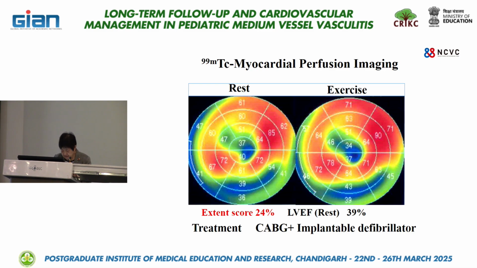Asymptomatic inferoseptal and posterior inferior myocardial infarction was suspected. Extent score was 24%. LVEF was 39%. In treatment, coronary artery bypass grafting was done and an implantable defibrillator was inserted.